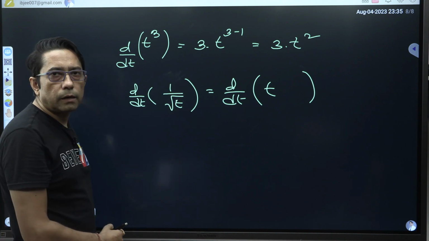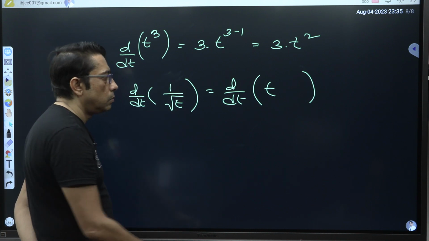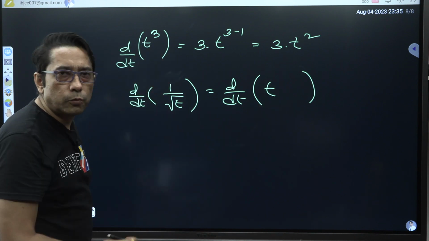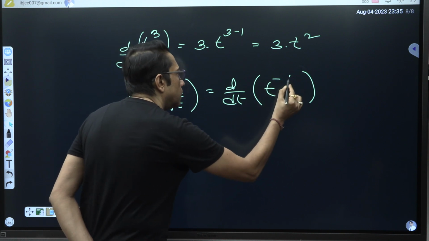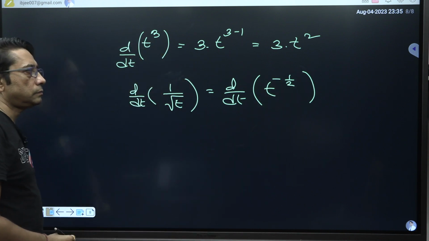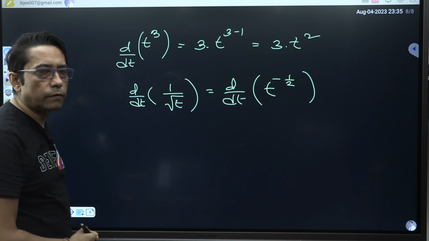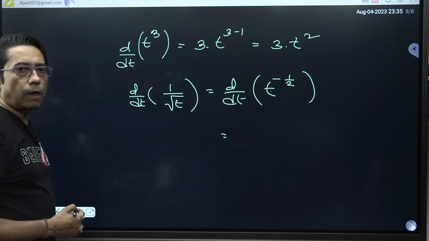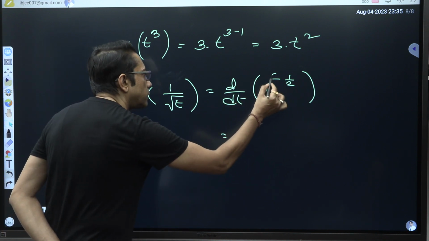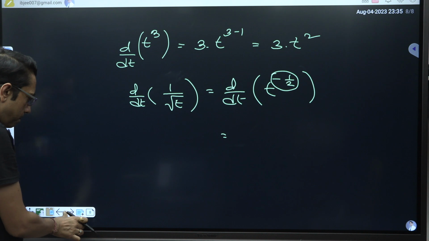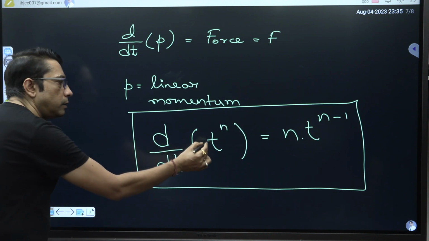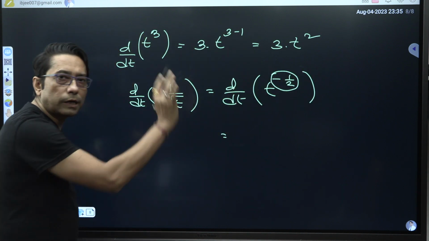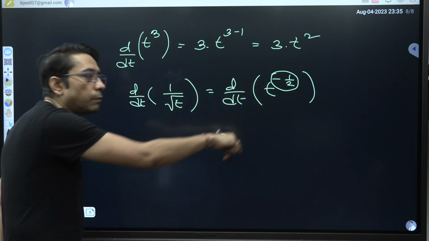It is 1 by. Then if anything becomes 1 by, then we put a power minus, no? Not 2, t to the power minus half. Now if we differentiate this, this now matches the formula we learnt, d/dt of t to the power something. Here that something is minus half.